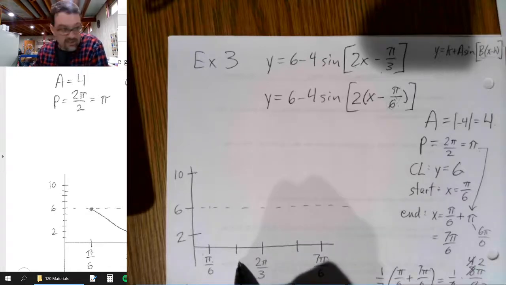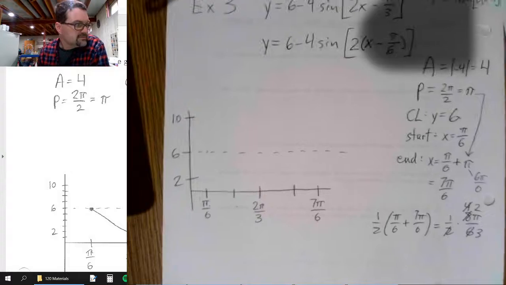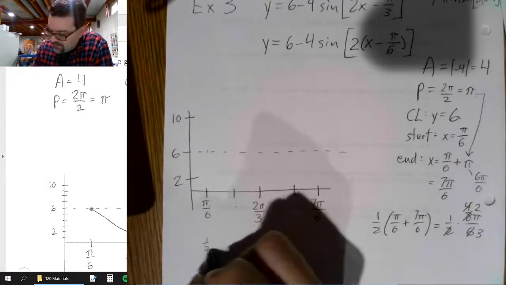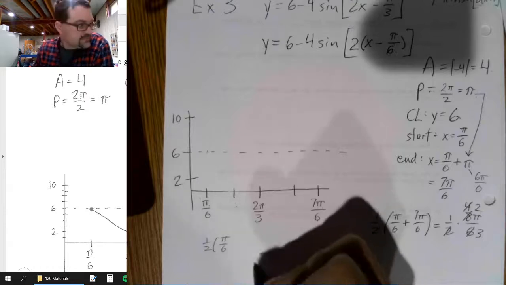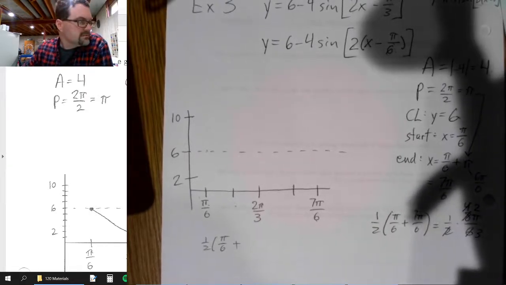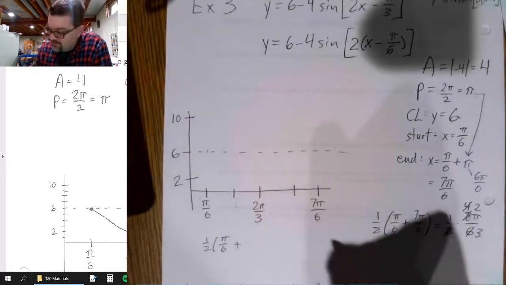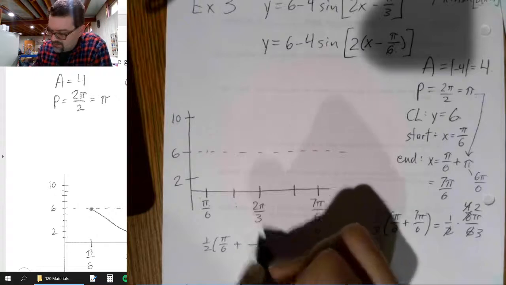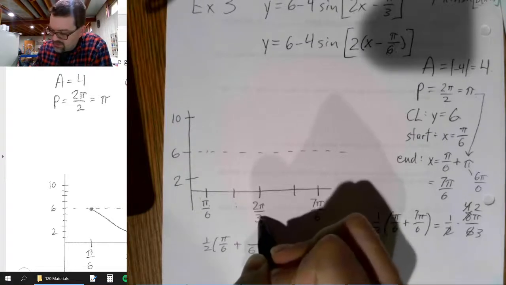All right, this guy, that guy right there, 1/2 of pi over 6 plus 2 pi over 3. Well, we're going to need 6's on the bottom. So if I want to turn that 3 into a 6, I got to double it.